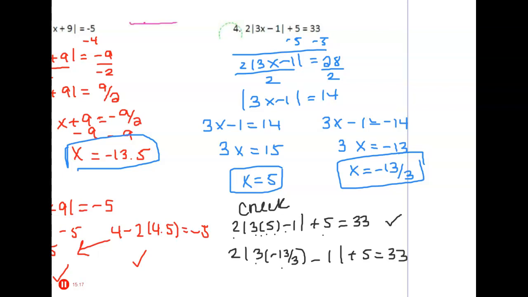Three times -13.5 is -13.5... -13.5 minus 1 is -14.5. Absolute value of -14 is 14. 14 times 2 is 28. 28 plus 5 is 33. It also checks.